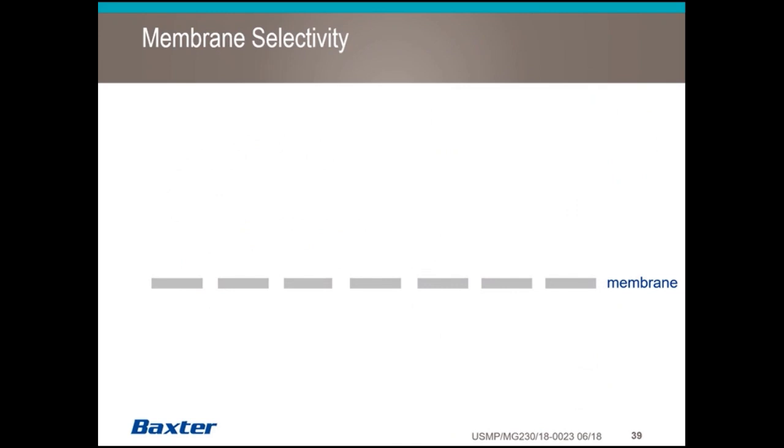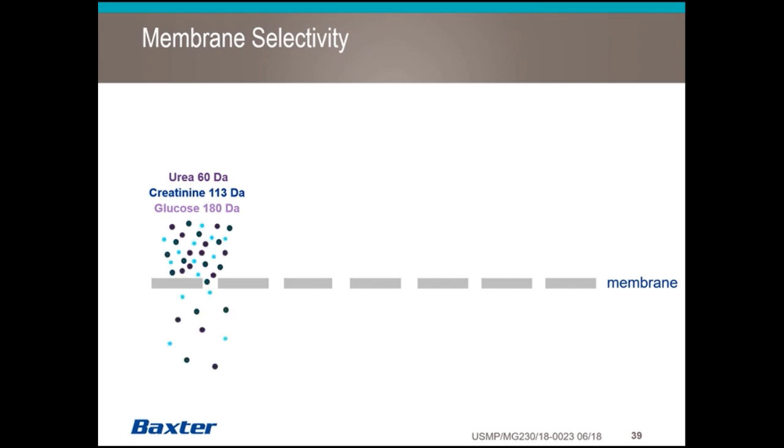This slide demonstrates as molecules get larger, it's a little bit harder and takes more effort per se to move them across the filter until eventually you get to molecules that are too large to make it across the pore size of the membrane. So substances like urea, creatinine, glucose, electrolytes, they are relatively small and they're going to passively diffuse through the membrane.